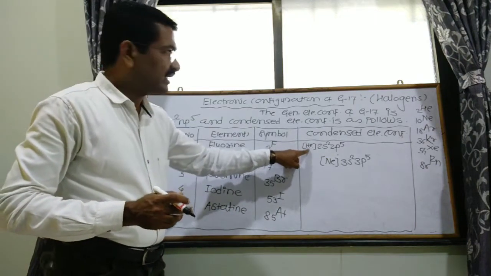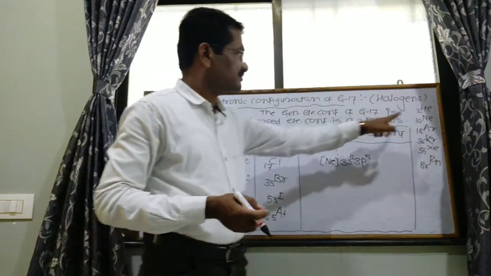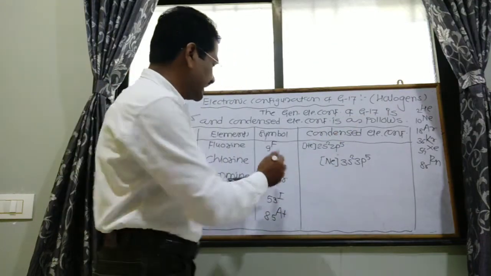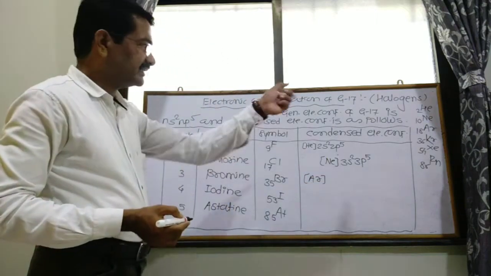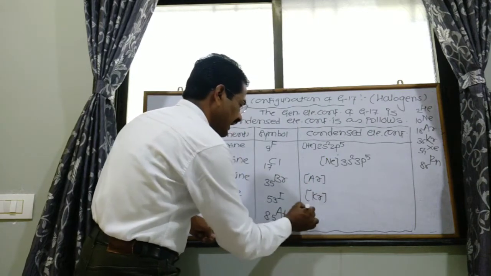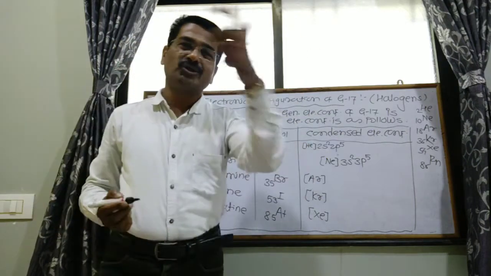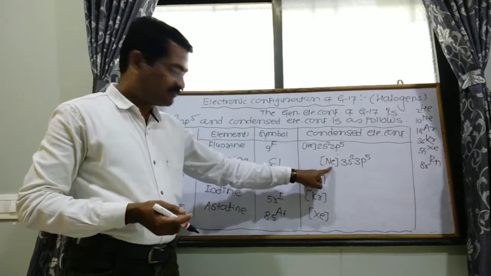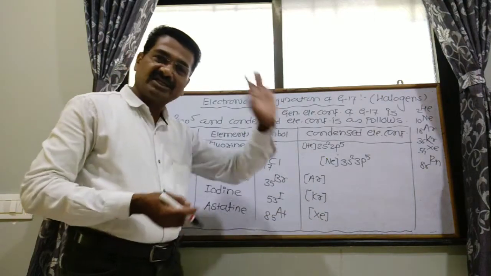Fluorine has helium as nearest zero group element, chlorine neon, then bromine argon, then iodine krypton, and astatine xenon. First of all, take all the nearest zero group elements: fluorine helium, chlorine neon, bromine argon, iodine krypton, astatine xenon.